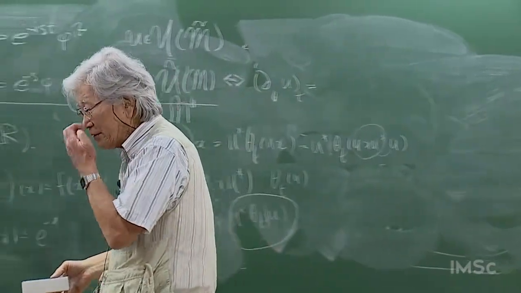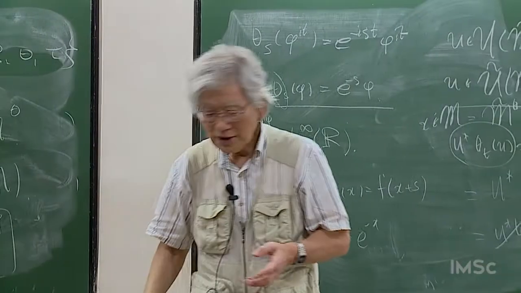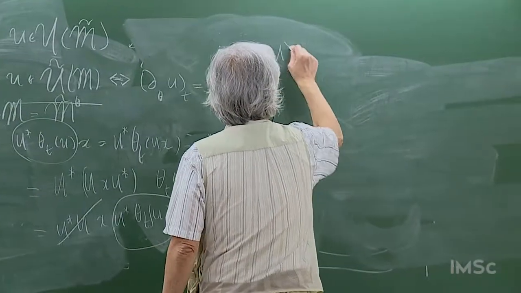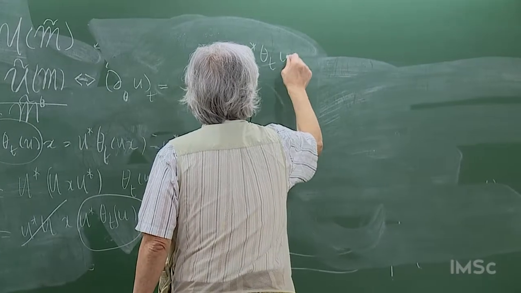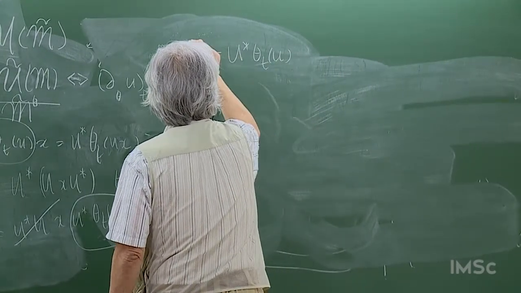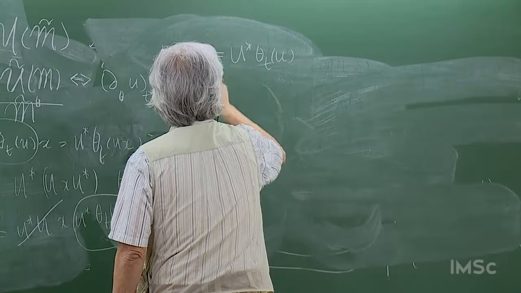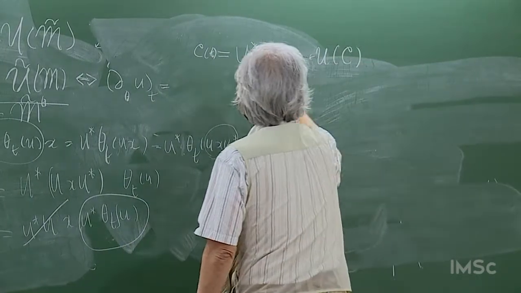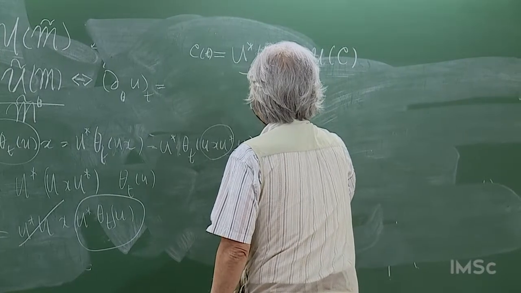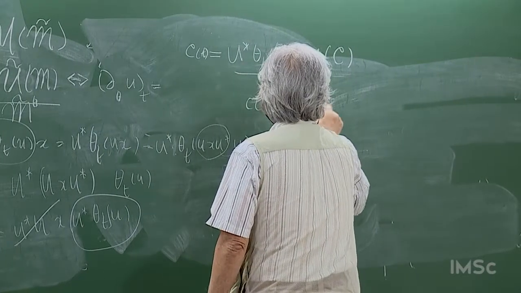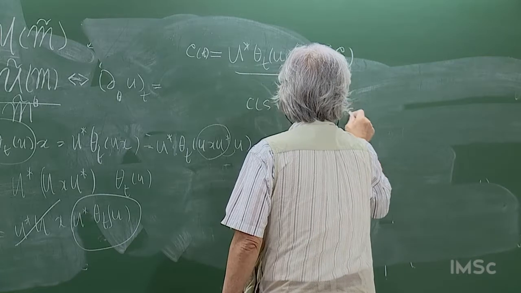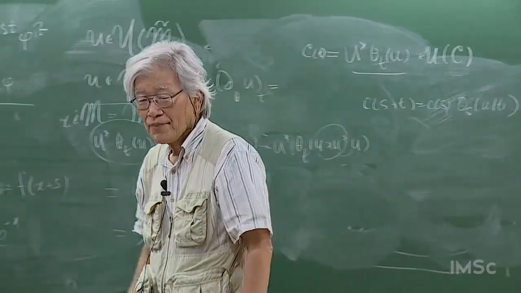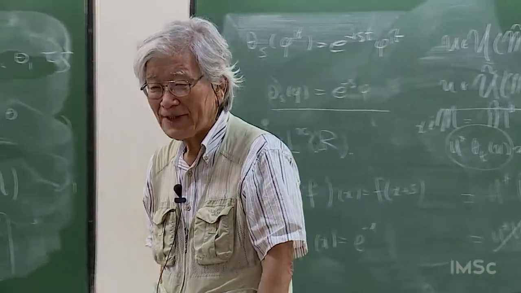But what is, however, the U star theta T of U? So this is a central element of T. It's in the unitary of the center, being covariantly C of S of T equals C of S, right?